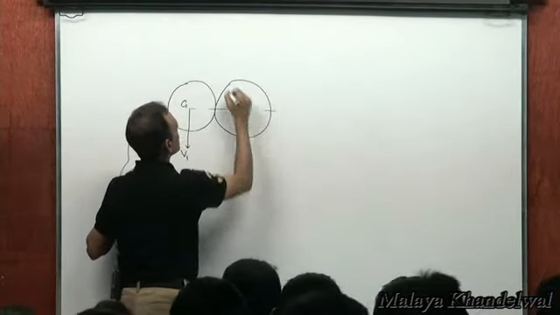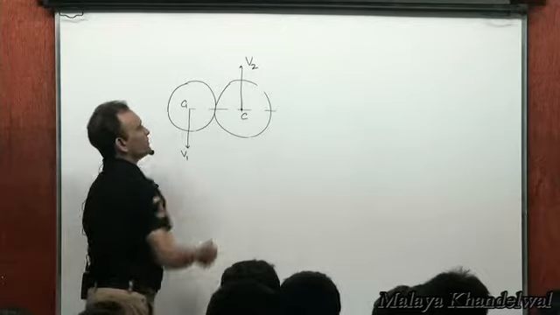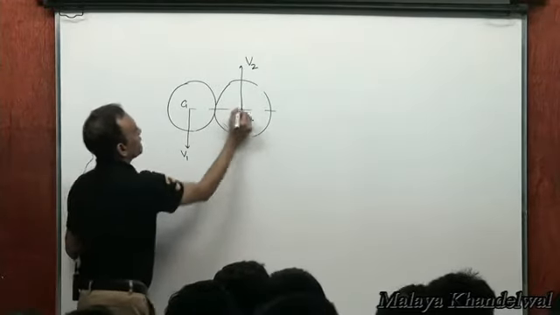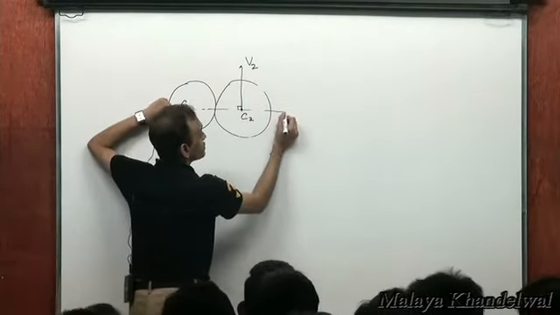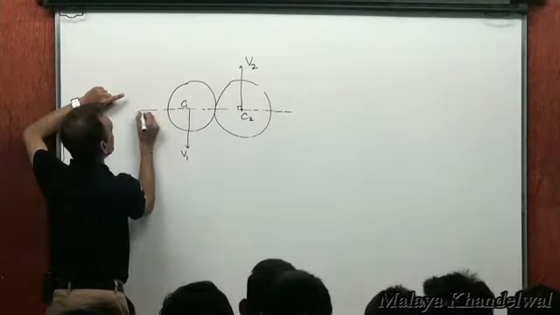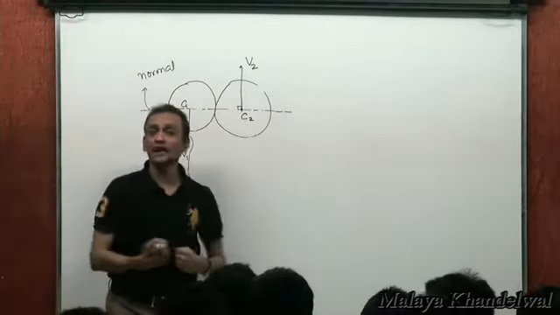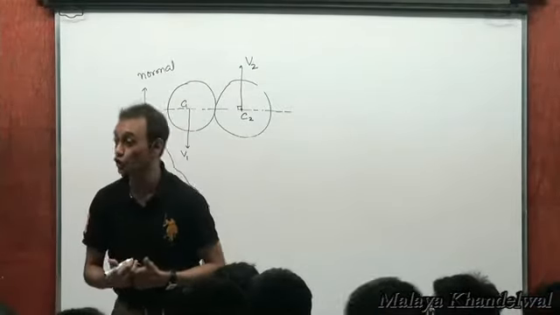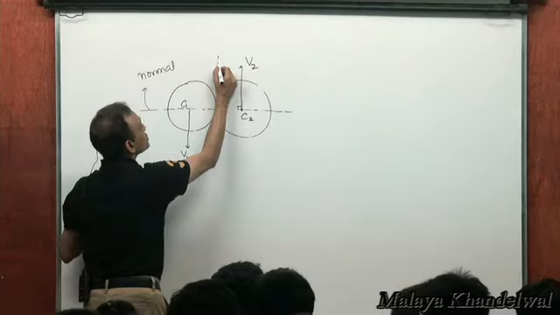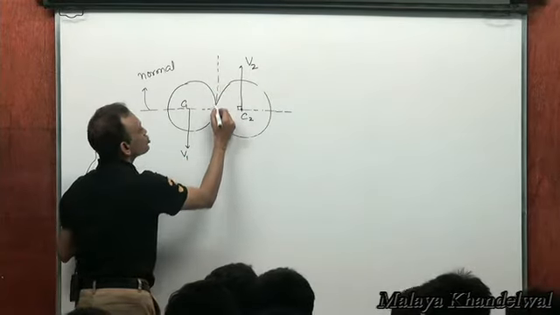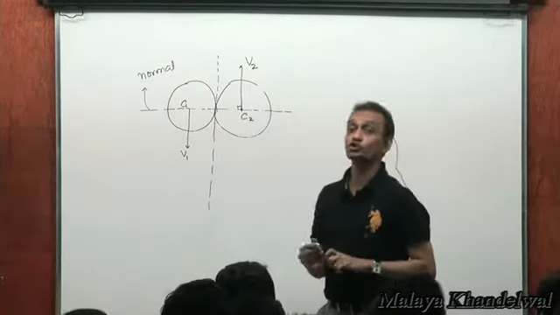Another spherical surface, center c2, and it has a velocity v2 parallel to v1, perpendicular to the line joining the two centers. Now, in this case, this line joining the two centers is really the common normal direction. If anything happens in this direction, that's referred to as collision. This is the normal direction, C1, C2, right? This perpendicular to C1, C2 belongs to friction. This is the common tangent direction and it belongs to friction.